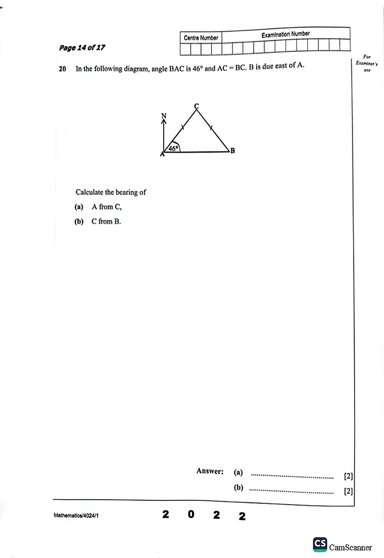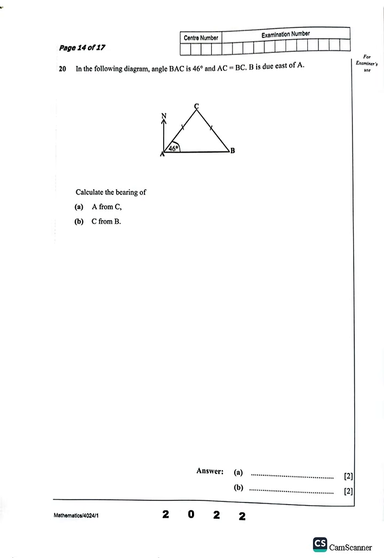Okay, so now move on to question 20. In the following diagram, angle BAC is 46 degrees and AC is equal to BC. B is due east of A. So what this simply means is the line AB touches the line AN perpendicularly, so we have 90 degrees.